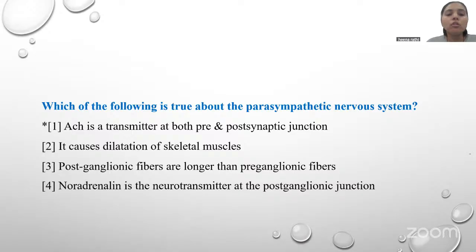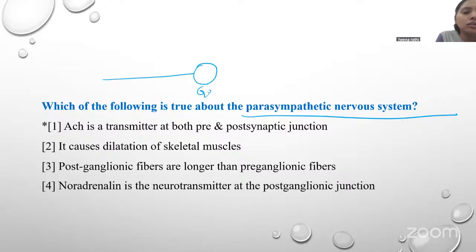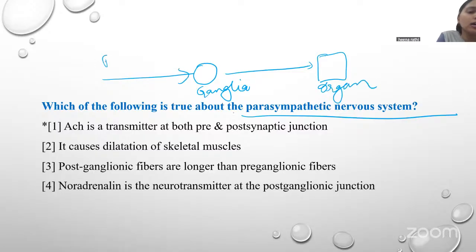All of the following is true about the parasympathetic nervous system except. We have seen in our earlier lecture that these are nervous systems which contain preganglionic fibers. Both the sympathetic and parasympathetic contain fibers. If the fibers are before the ganglia, it is preganglionic. If it is after the ganglia, it is postganglionic. So the parasympathetic nervous system releases acetylcholine in preganglionic fibers as well as in the postganglionic fibers.